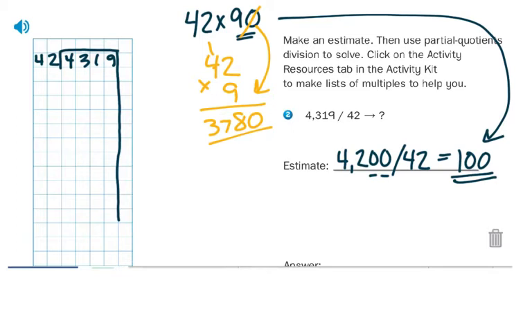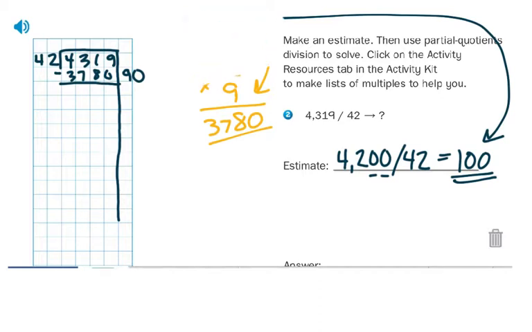So before I erase that, I'm going to say it goes in there at least 90 times. And all I did is took it times 9 and extended that fact and popped that 0 on the end. So I'll subtract 3,780. Now, had I not estimated, I would have started maybe the 20 or 30.